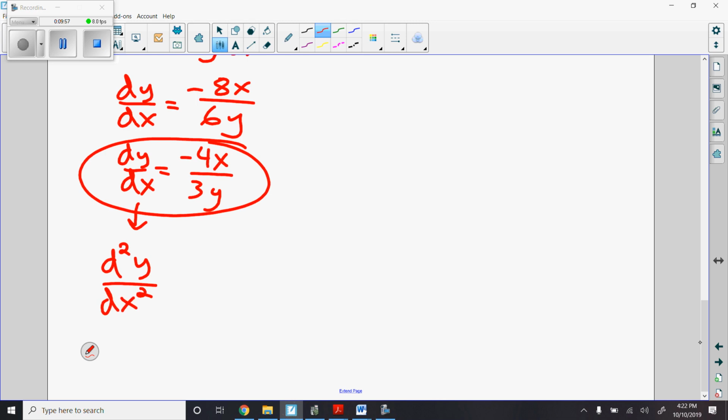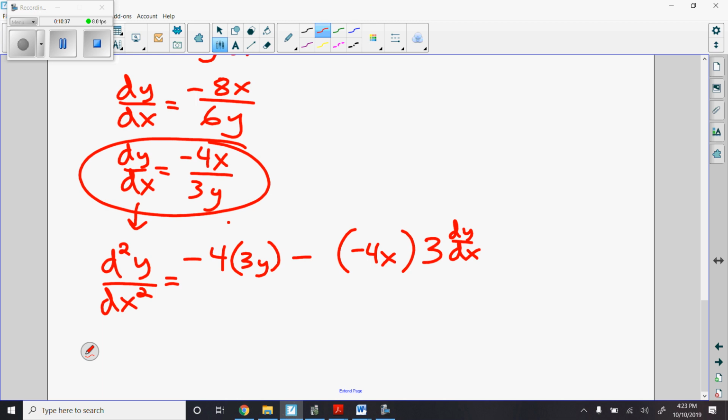Now to do the derivative on the right side, I need to use a quotient rule. And again, when I do the derivative of y, I need to multiply by dy dx. So the derivative of the top is negative 4 times the bottom, 3y, minus the top, negative 4x, times the derivative of the bottom, which is 3 dy dx.